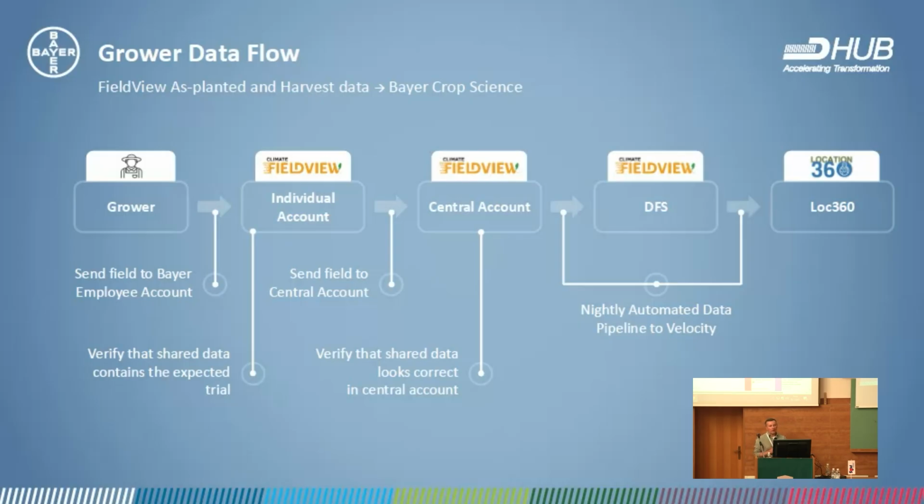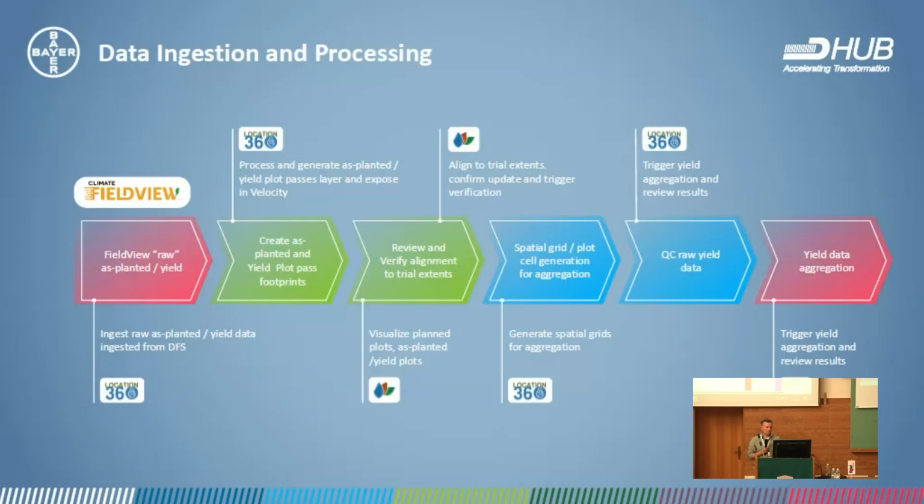This Climate FieldView application is a commercial application which our growers utilize on a daily basis during the planting and harvest season. And in the entire pipeline, this is the only part that is not open source. Later on, during the night, a nightly automated synchronization flows the data into the Bayer crop science system.